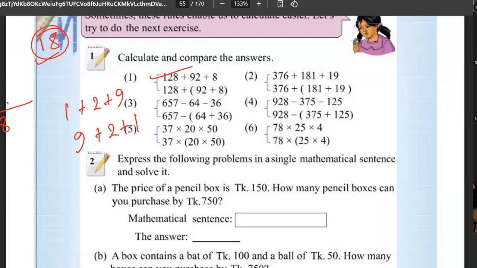Does it matter if you're doing 1 plus 2 plus 9 or 9 plus 2 plus 1? No. But the whole point of you putting the 1 above is so that it is simple. It is easier for you to calculate, right? We don't actually need to write the 1 here, do we? We don't. It's just something that we did so that it helps us calculate, right?